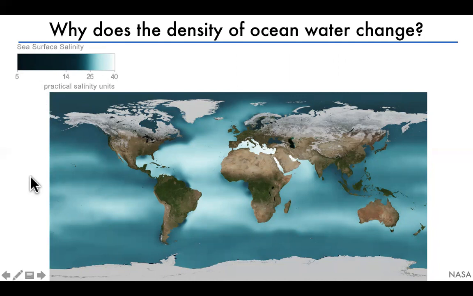These are technically a unitless unit, which is a little weird, but another way to think about it is this is the number of grams of salty things, which is not just sodium chloride, it's a lot of salt factors. Anyways, it's the grams of salt per kilogram of seawater. So the dark areas are areas where it's really fresh, and then these light areas are where it's really salty.